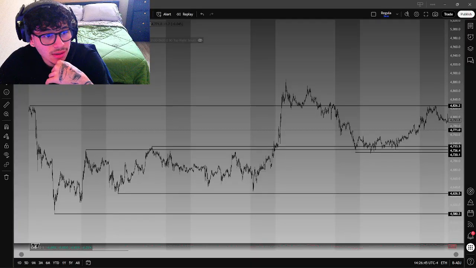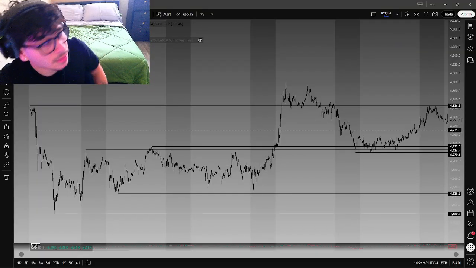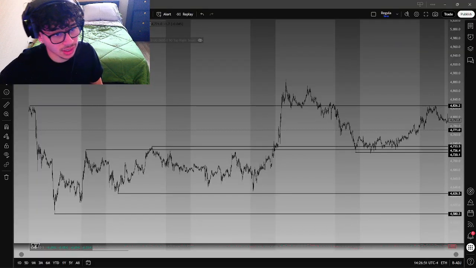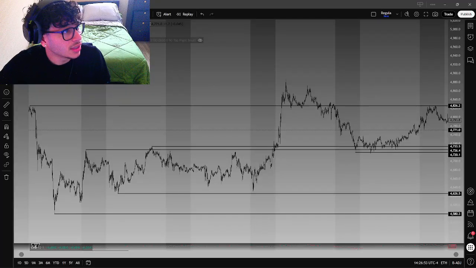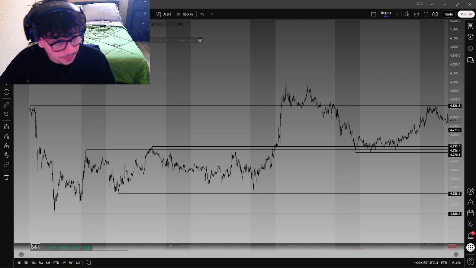If price is near support and it looks like it's going to go up, then you buy. That's a good confluence. If price is near resistance and it looks like it's going to drop, then you sell. Or vice versa, you get what I'm saying.